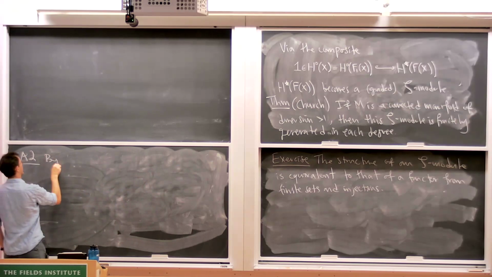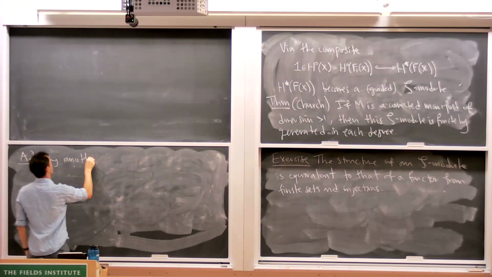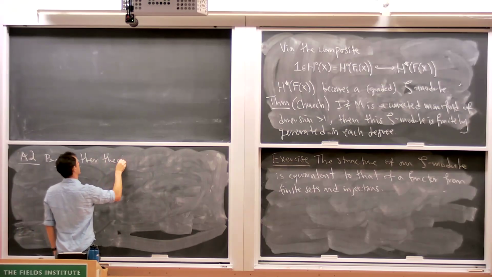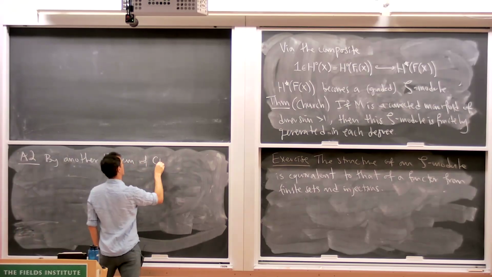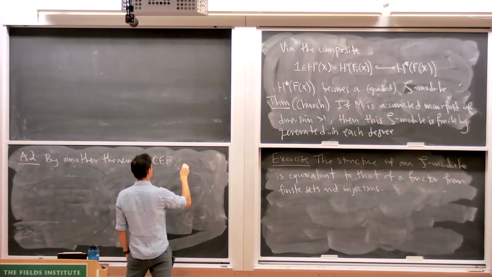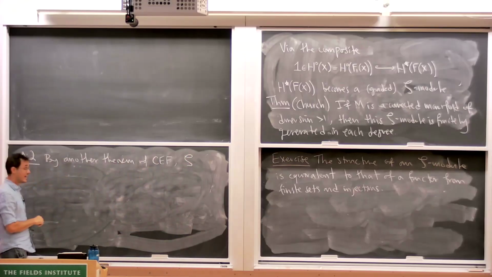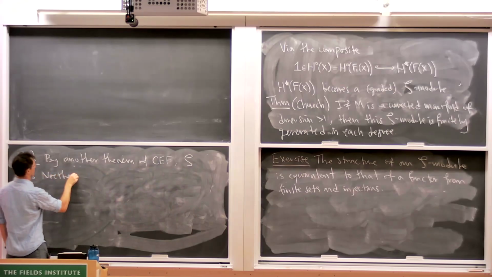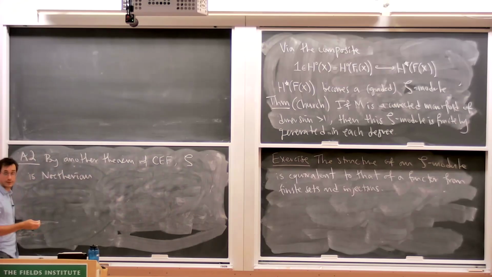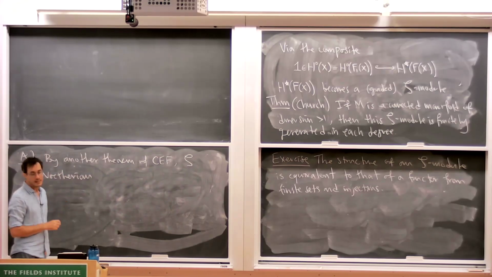By another theorem of Church, Ellenberg, and Farb, the TCA S is Noetherian. So this is an analog of the Hilbert basis theorem for this analog of the polynomial ring.